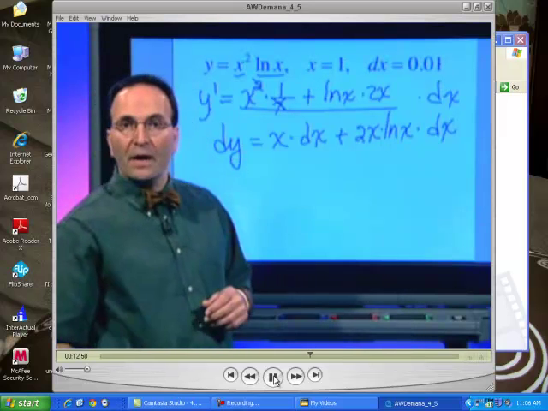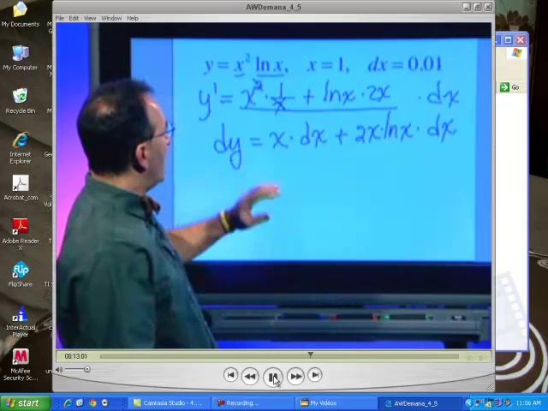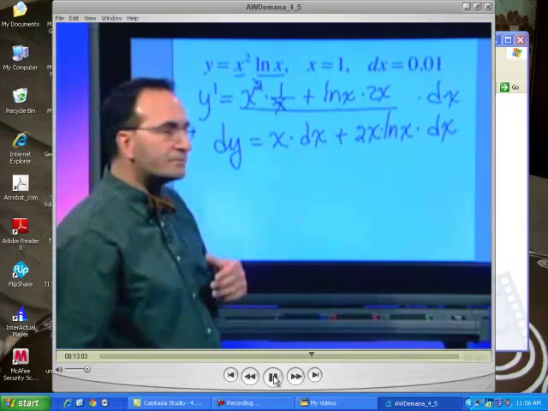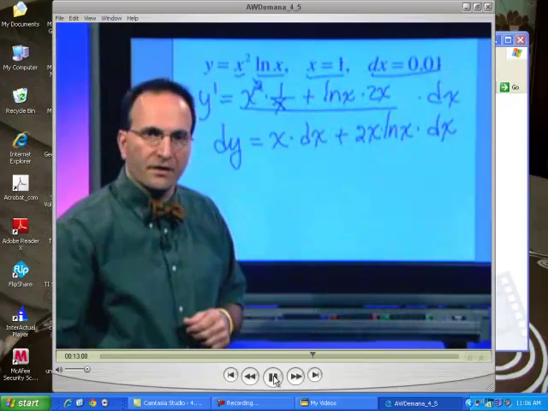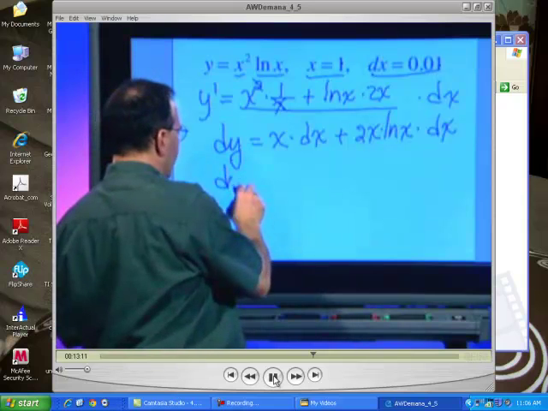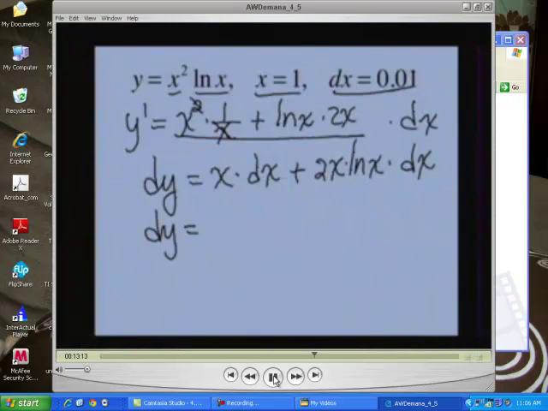Now I can evaluate my dy because I have all of the information I need given to me. X is 1 and dx is 100th. So dy is equal to 1 times, actually let me put that in parentheses, 1 times 100th plus 2 times 1 times the log of 1 times, and I'll put that in parentheses, the 100th.